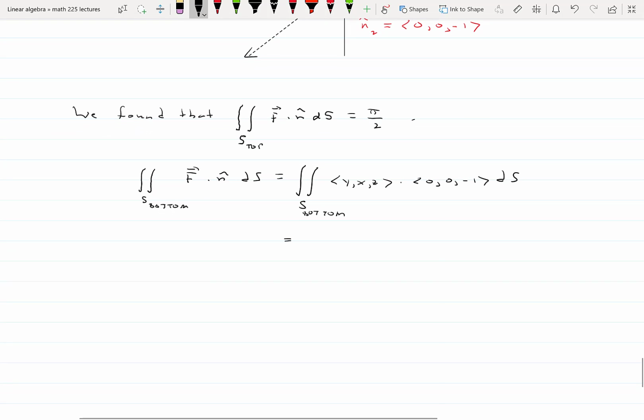Performing that dot product, you get y times 0 is 0, x times 0 is 0, and z times negative 1 is negative z ds.